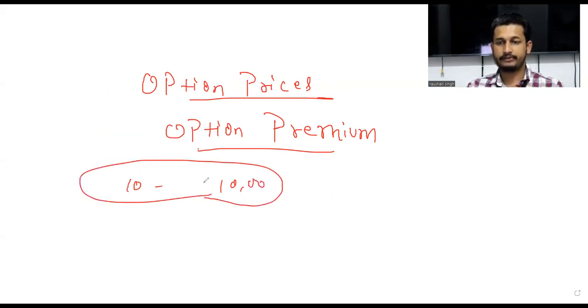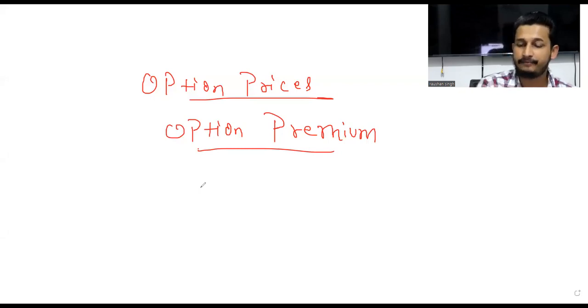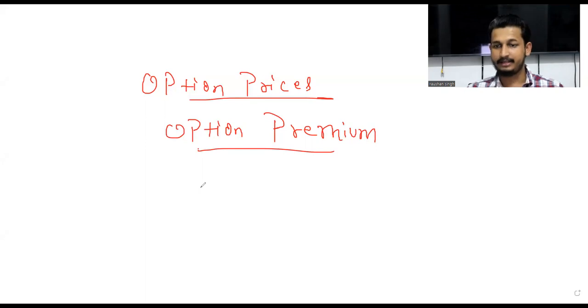Which options we have to buy, we will understand. So how are the options priced? Nobody knows. It is calculated by a method, but nobody knows exactly at this point in time what will be the price of any kind of option.